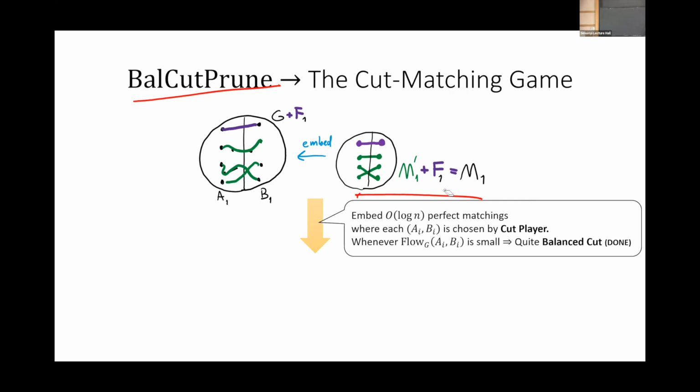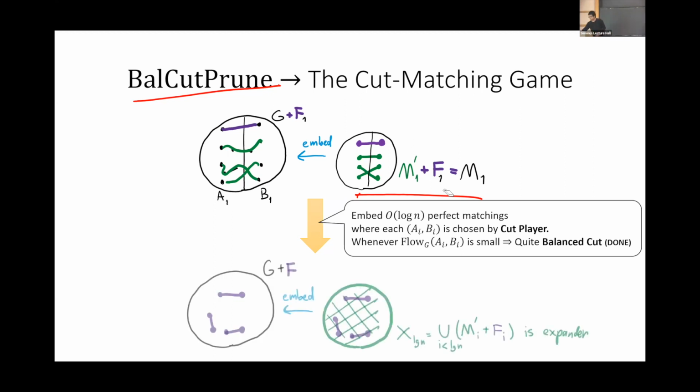Otherwise, you proceed for log n rounds and embed log n perfect matchings with a small number of fake edges into the graph. So after log n rounds, you have embedded an expander with a small number of fake edges into the graph, and you can conclude that this graph with a small number of fake edges is an expander.